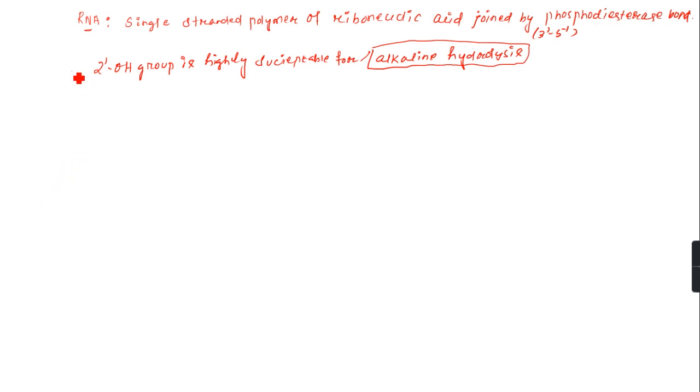And one important point is the ribose moiety present in RNA shows a color reaction with orcinol.